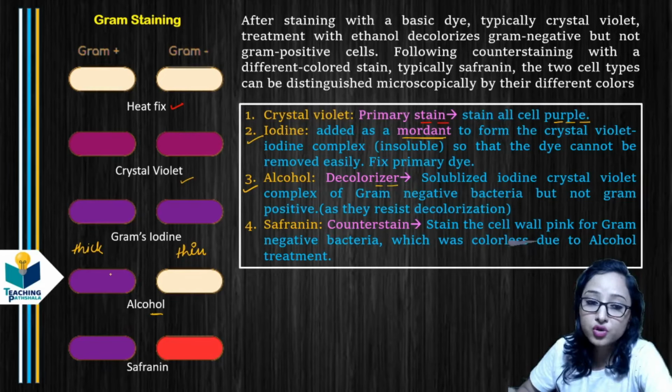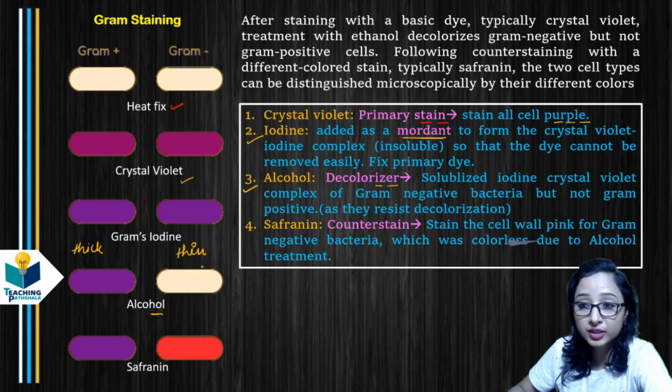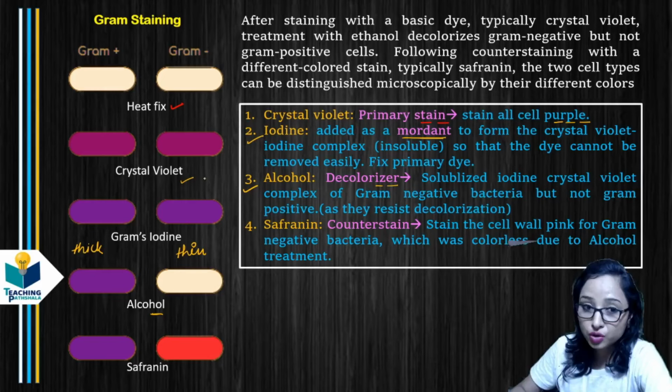There is no loss of crystal violet color. But in case of the gram negative, because it has a thin peptidoglycan, the complex formed with the help of Gram's iodine and crystal violet was not that strong that it could resist the decolorization, and hence the cell becomes decolorized. That means they have lost the color which they gained in the initial two steps.